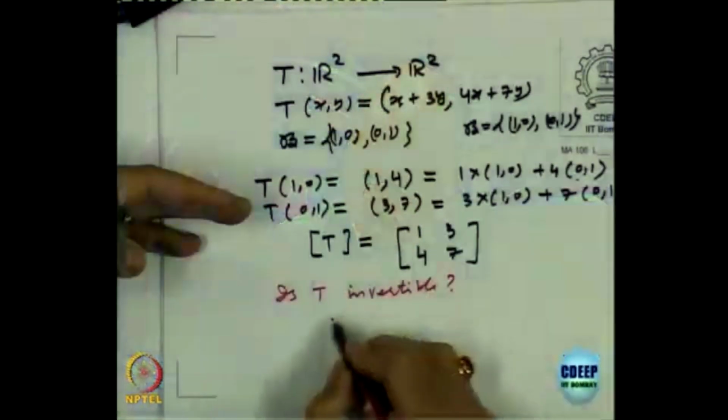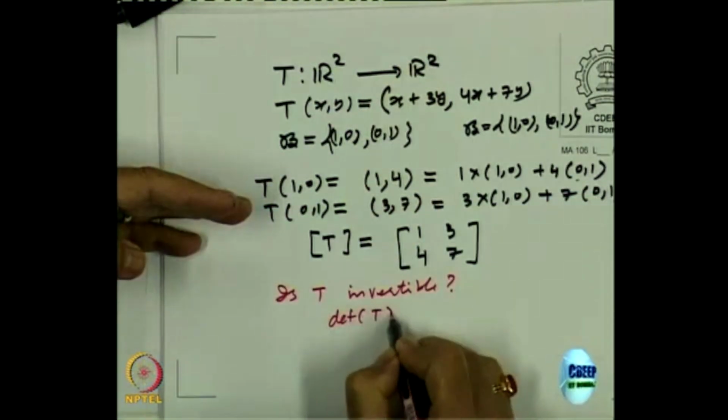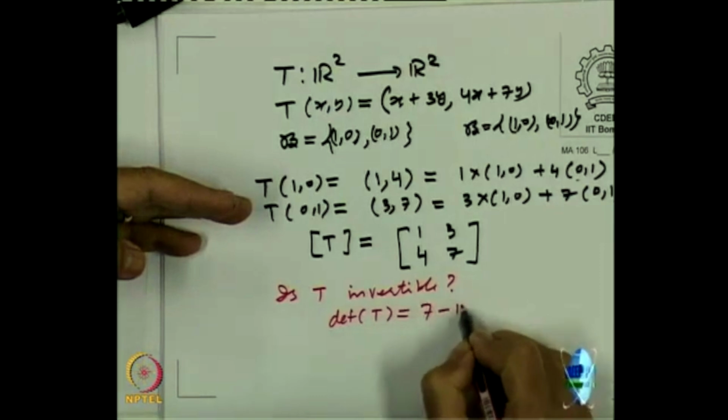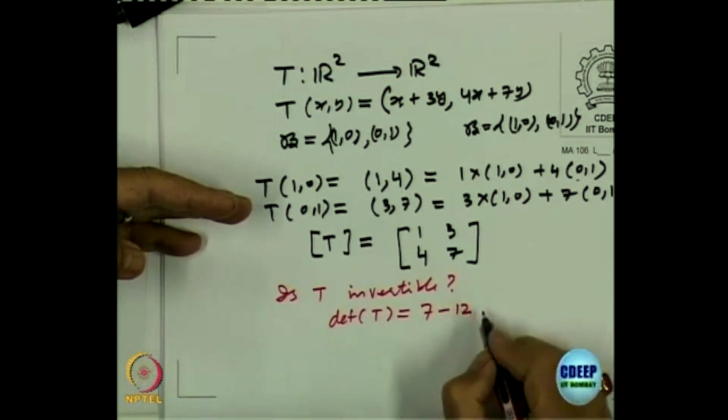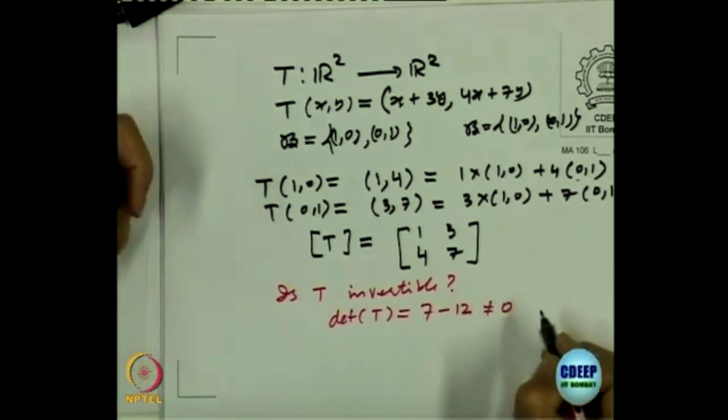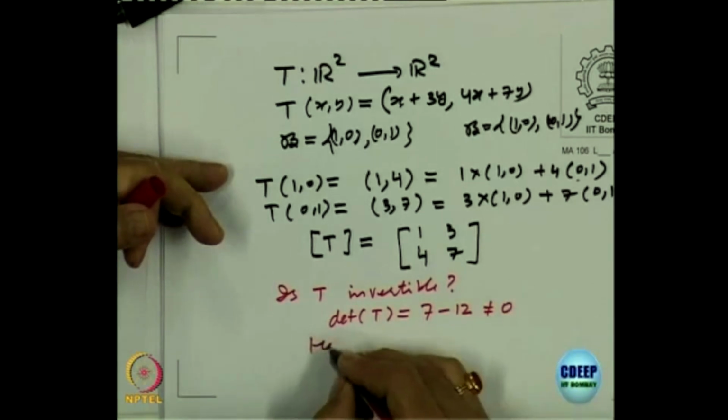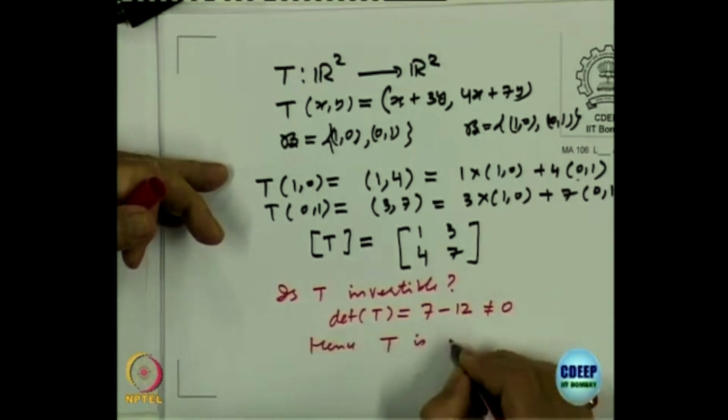This is a 2 by 2, so calculation of the determinant is very easy. So what is the determinant of this? 7 minus 12, that is minus 5, which is not equal to 0. So hence T is invertible.